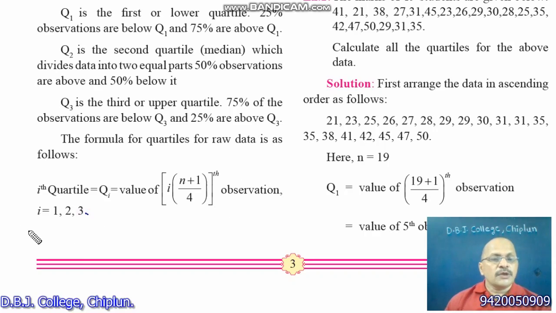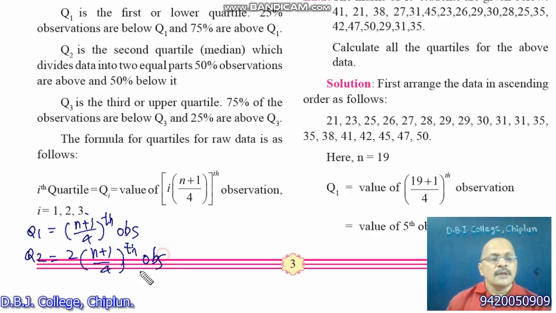That means Q1, the first quartile, is (n plus 1) upon 4th observation. Q2 is 2 into (n plus 1) upon 4th observation. And Q3, the upper quartile, is 3 into (n plus 1) upon 4th observation.